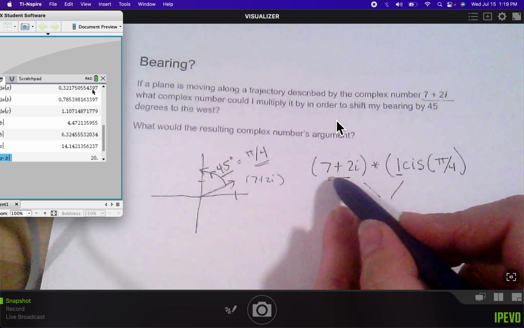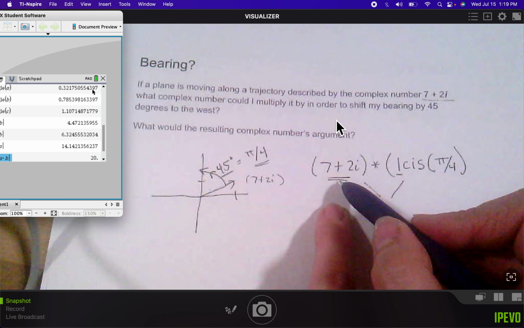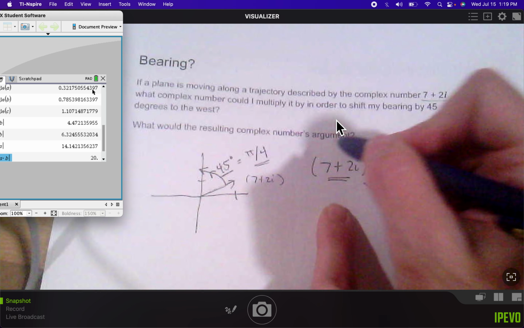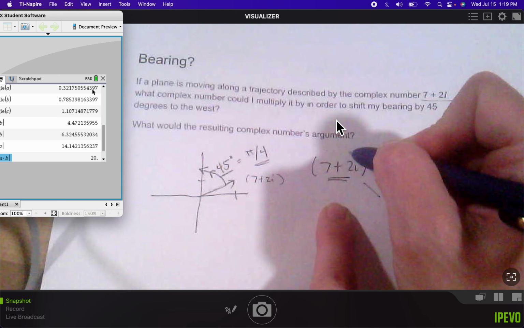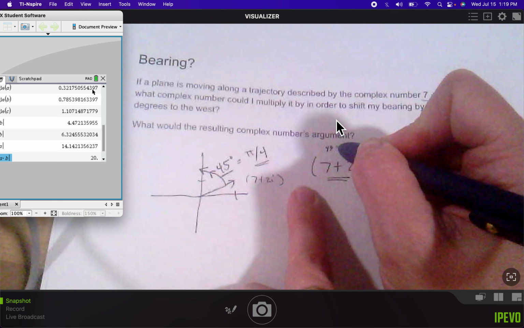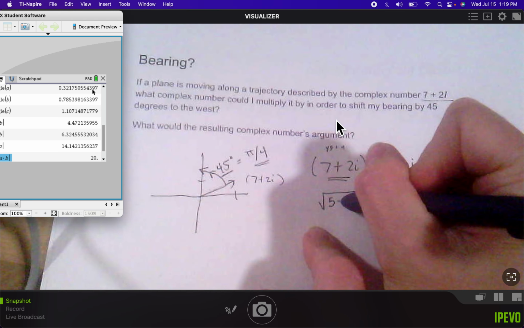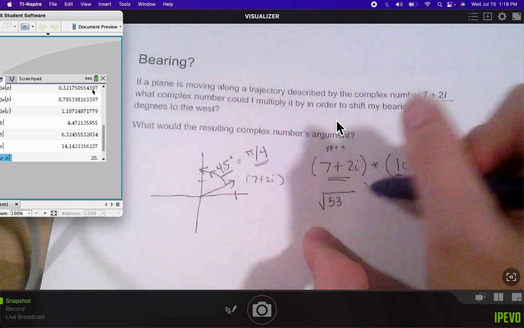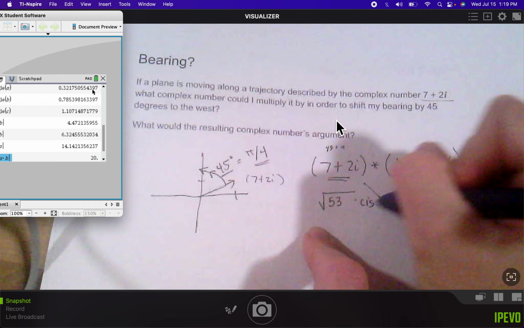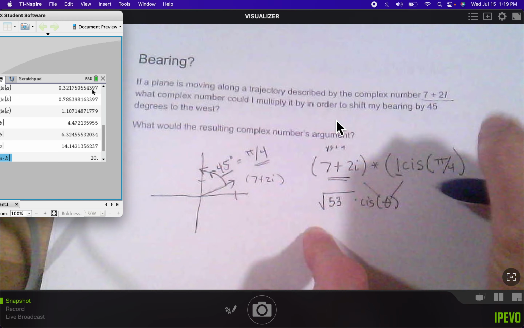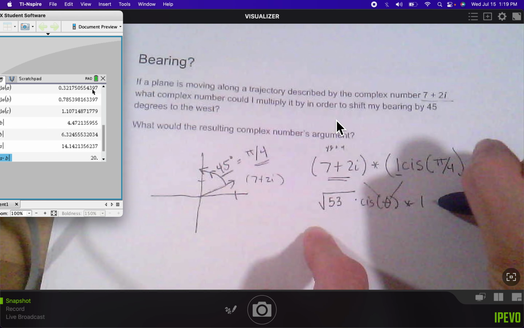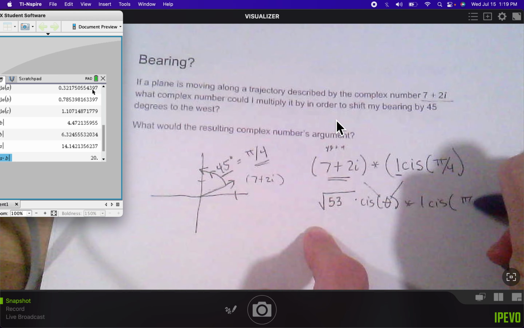If I wanted to have the friendliest version of this, I would figure out its magnitude, which would be a squared plus b squared, square rooted. So 49 plus 4 is going to give you the square root of, help me out here, friends, 53. And then cis, and I'm just going to say its angle is theta, times 1 cis pi over 4.